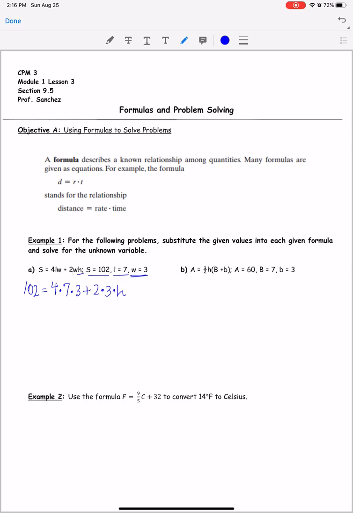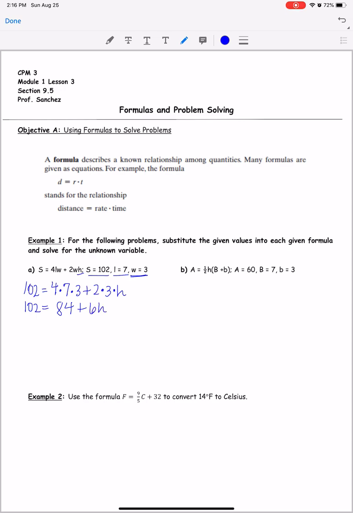So now just multiply. We can bring down our 102 equals, let's simplify this right here. So 4 times 7 times 3 equals 84. Plus 2 times 3 times H on this side here equals 6H.